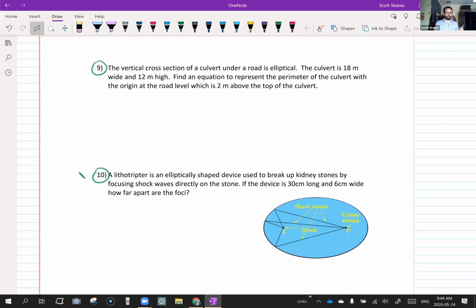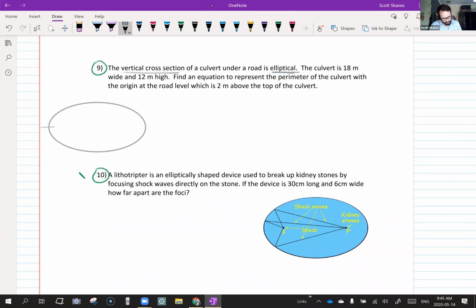Nine is a slightly different question, but it's actually very simple. Even though it's an ellipse, it's very simple. So let's just read it. The vertical cross-section of a culvert under a road is elliptical. Don't worry about what culvert means. We're dealing with an ellipse. The culvert is 18 meters wide and 12 meters high. So if I had something 18 wide, 12 high, it would look like this.